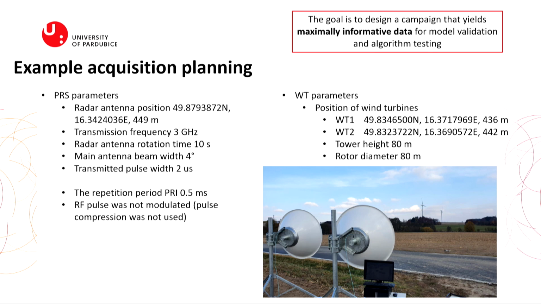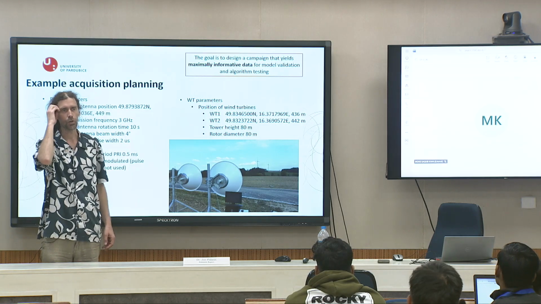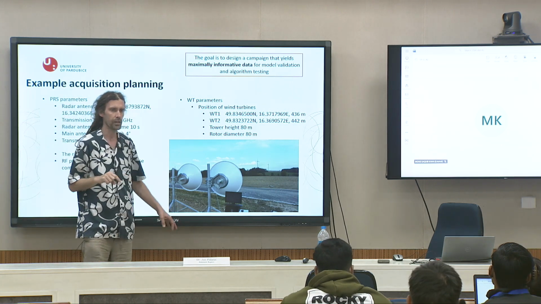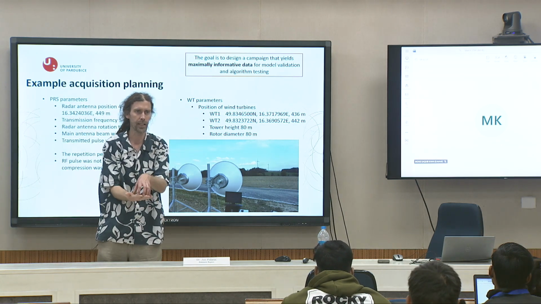The repetition period was about half a millisecond, and the RF pulse was not modulated, so we don't use any pulse compression. But it is just for validation of measurement. We don't use compression in our simulator, and we don't use compression in our measurement SDR.